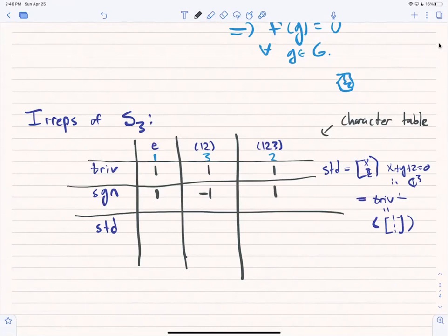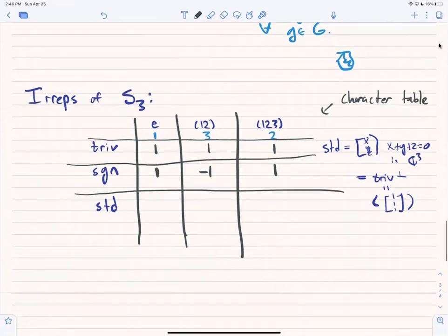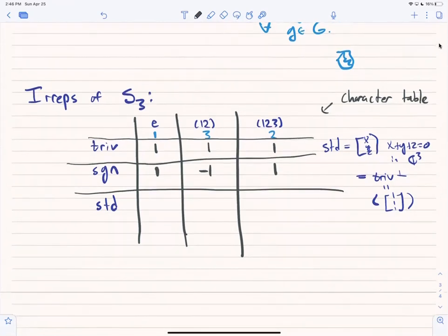Okay, now we're left with the standard representation. The first column is easy, just like the first row was easy because there's always 1 straight across. The first column is always easy because you're just getting the dimension of each representation.